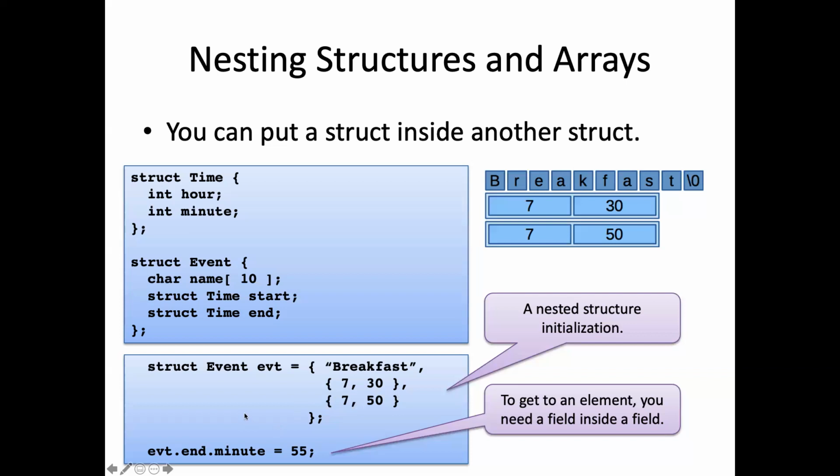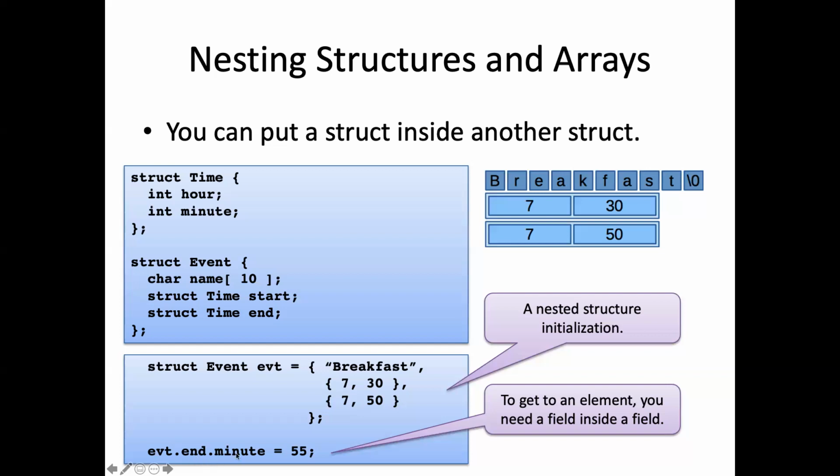And since event contains start, which is a struct, which contains hour and minute, if you wanted to get to, say, the minute field of the event time, you would use dot twice, kind of like you would use it in Java. Once you've made an event, it has an end field, so dot end to get to its end field. And since end is an instance of a time struct, if you wanted to get to the minute field of end, it would be dot minute.